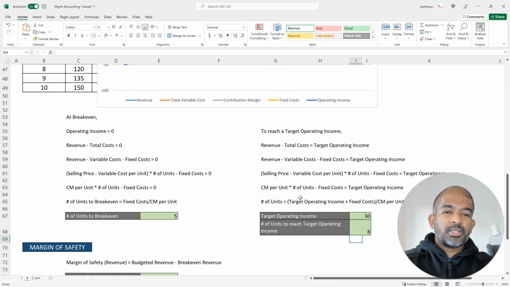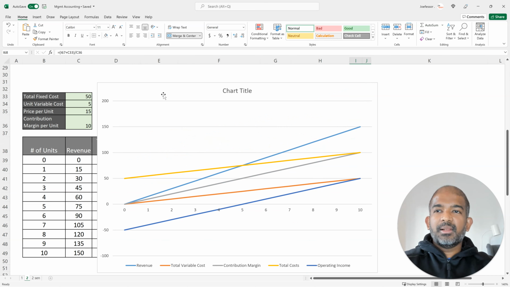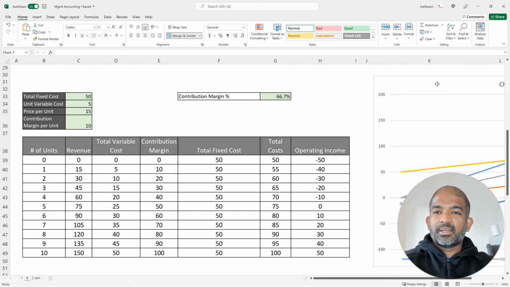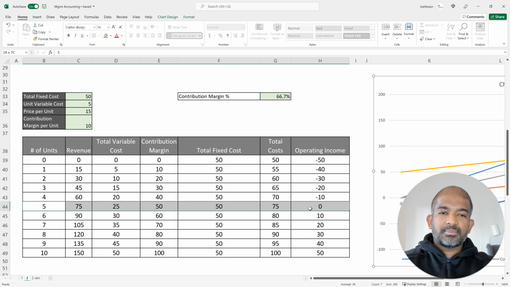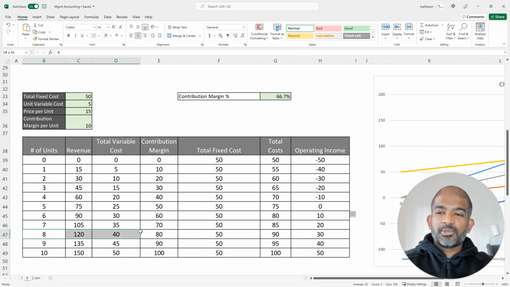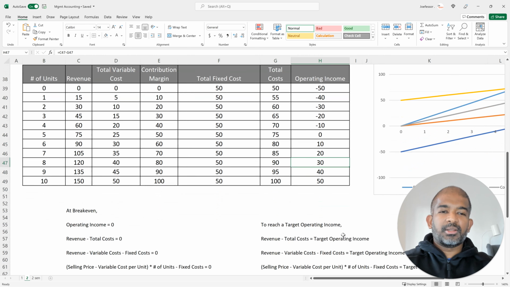So in order to achieve a target operating income of $30, the firm has to produce and sell 8 units. If you go up to the table, you can have your confirmation here that the break-even was at 5 units. And also when you produce and sell 8 units, you have an operating income of $30.